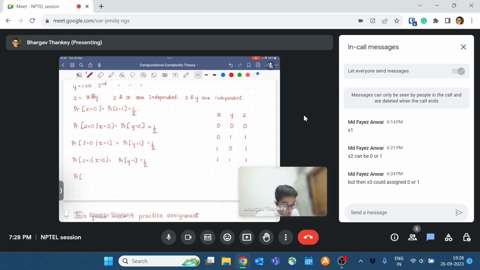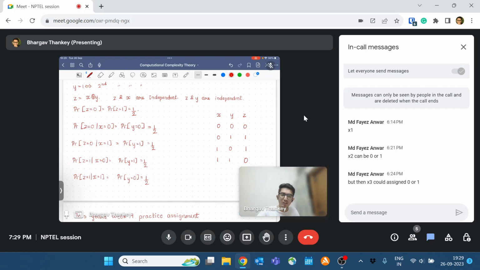The last entry, sorry, I wrote the table for OR. Yes. So we have these four things, right?